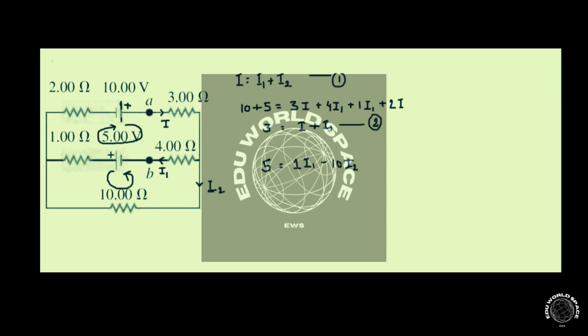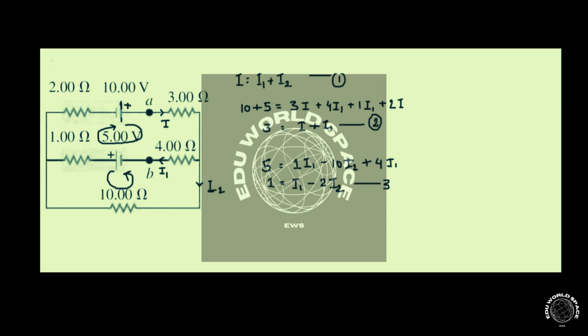And there is another resistor of 4 ohms that is along the loop, so positive 4I1, right? So from this we get 1 equals I1 minus 2 times I2. So this is the third equation.